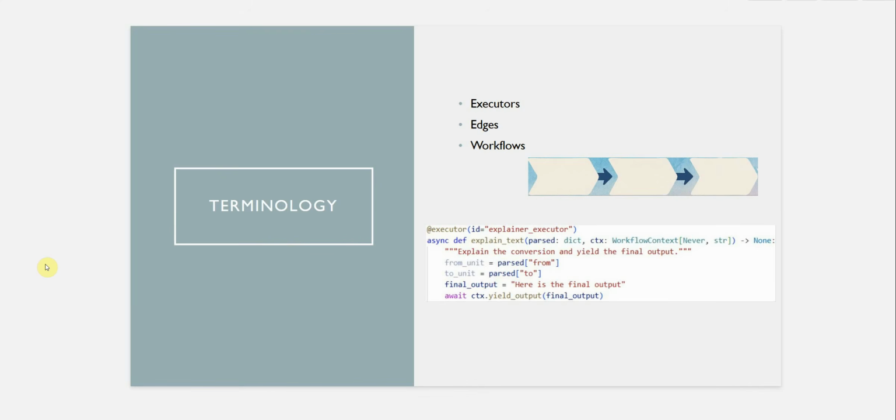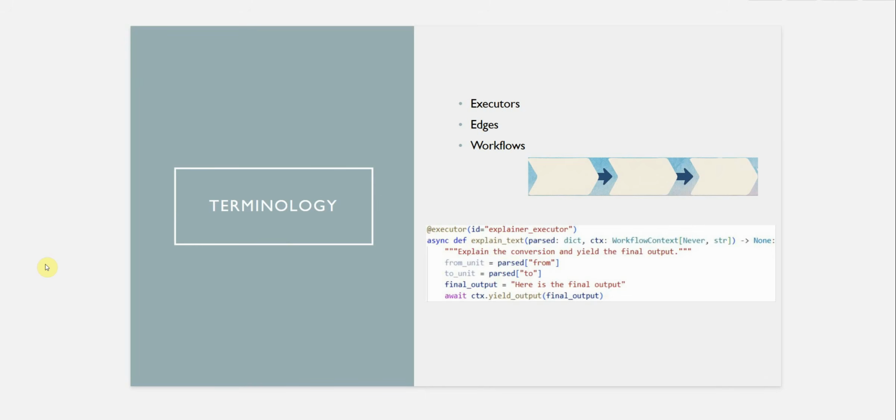Let's take a quick look at the key terminology which you need to understand before moving forward. In this small picture on my screen, you can see three boxes and a few arrows. The white or cream colored boxes are called executors. An executor is an individual processing unit which is part of your workflow.